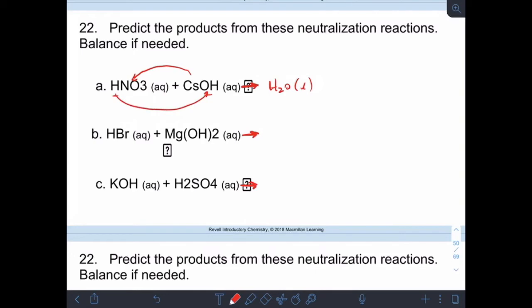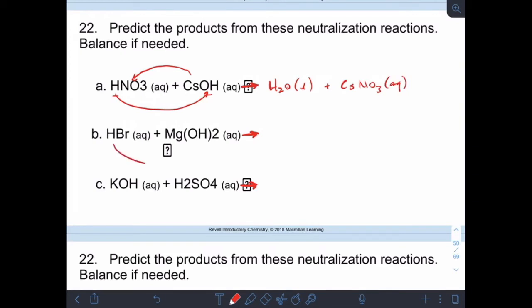So that's how I get the water. H plus OH makes H2O. And then cesium is a 1 plus, and nitrate is a 1 minus, so I get cesium nitrate. And all nitrates are soluble.